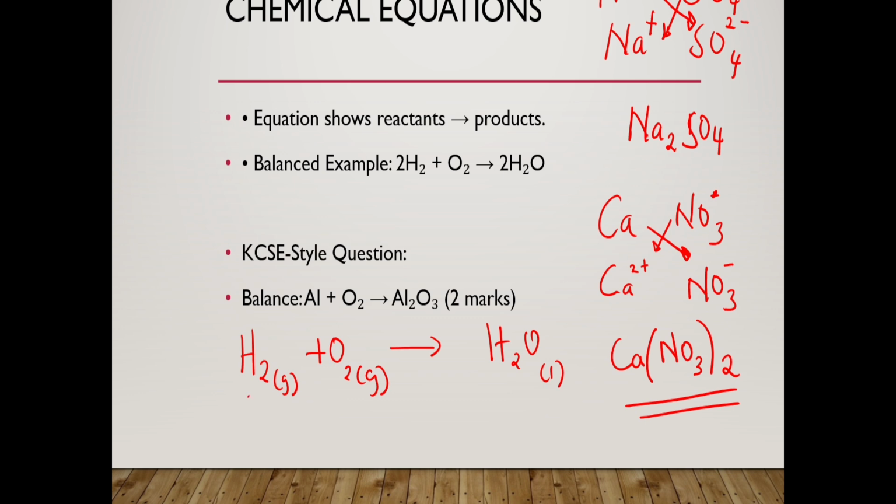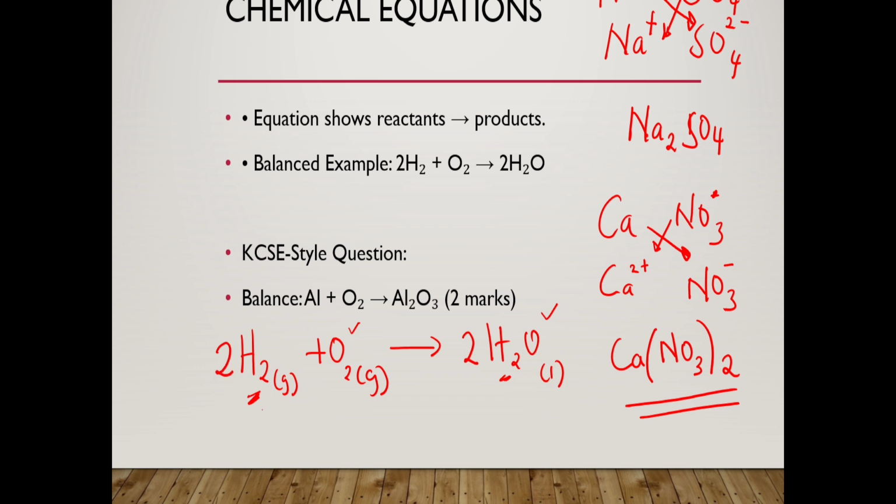So you ask yourself: you have two hydrogens, and two oxygens on the left side plus one oxygen on the right side. So there's a deficiency of oxygen on the right side. So you put two here. Eventually you'll have four hydrogens and two oxygens. So there are more hydrogens now, and to balance those hydrogens, you have to write two here.